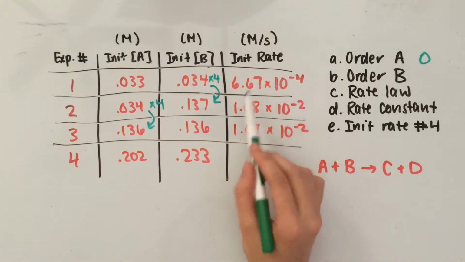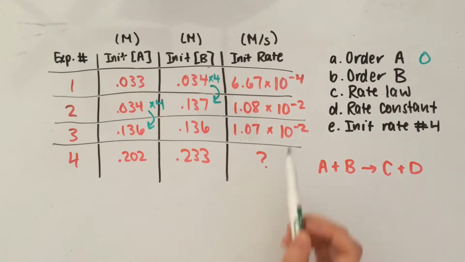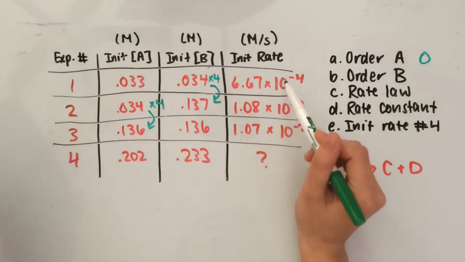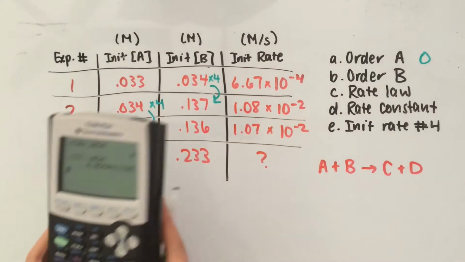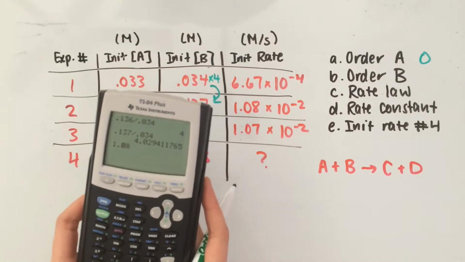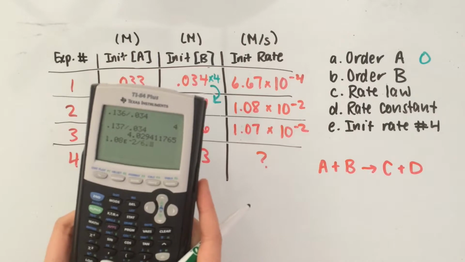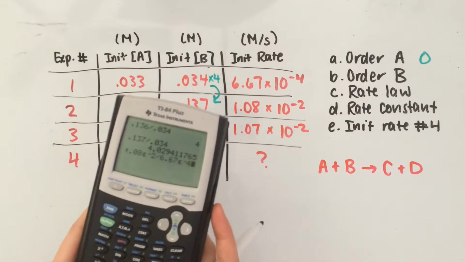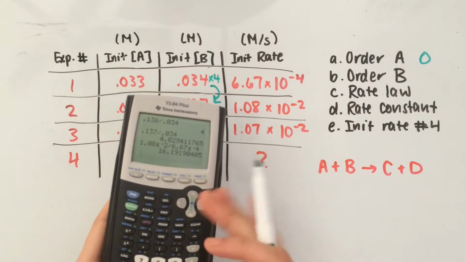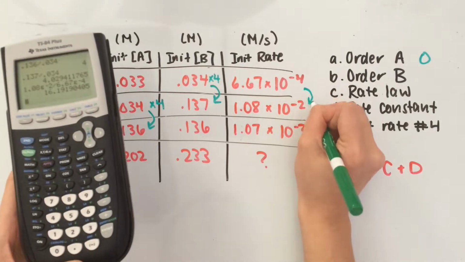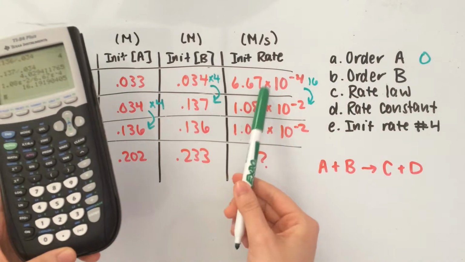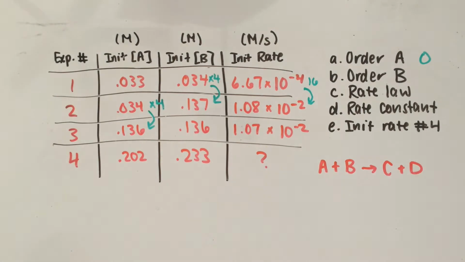And let's see what happens to the rate. These two don't look the same, so I'm going to divide and see what happened. 0.108 divided by 6.67 times 10 to the negative 4 gives us about 16. So this times 16 gives you that.